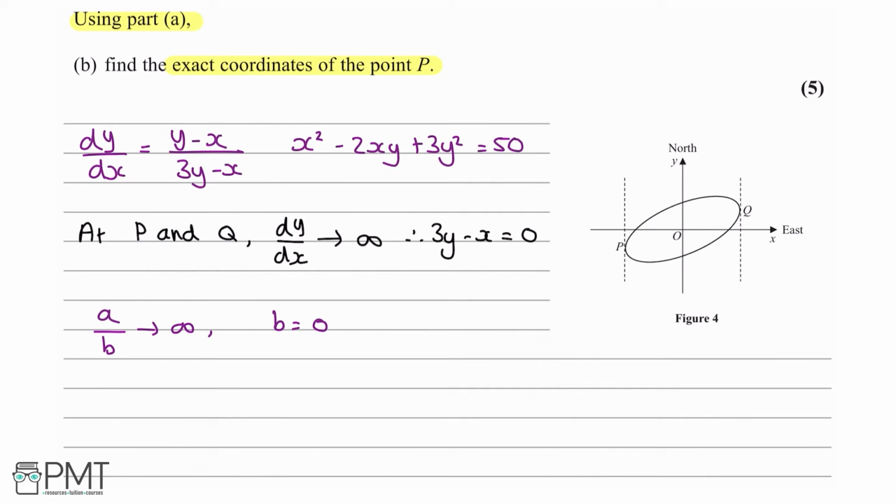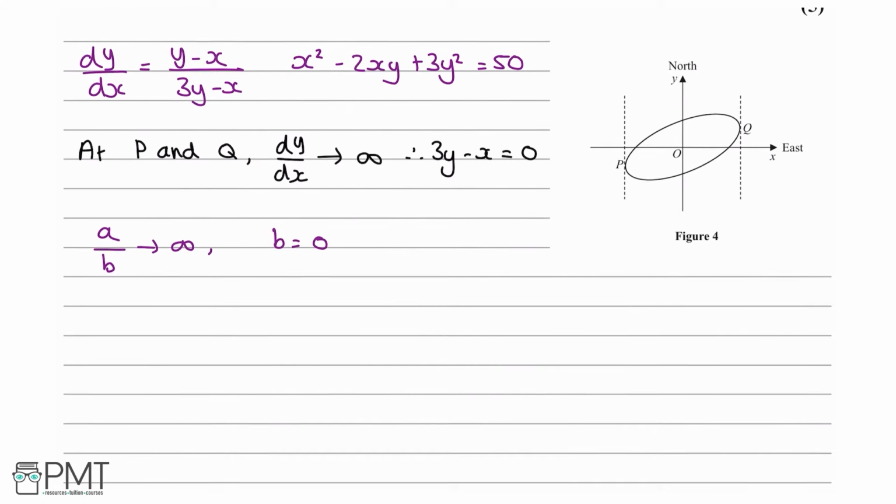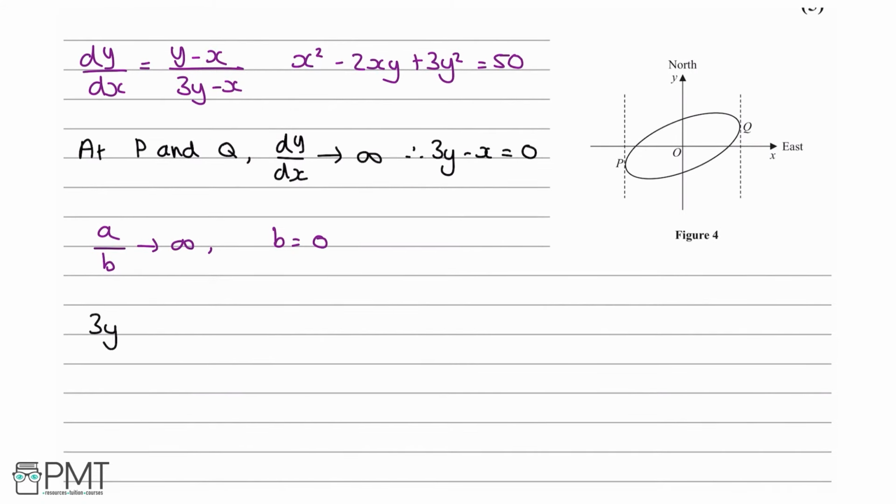Next, I'm going to rearrange 3y minus x to put it in terms of x. So 3y minus x equals 0, therefore x equals 3y. And I'm going to plug x equals 3y into our equation for our curve.